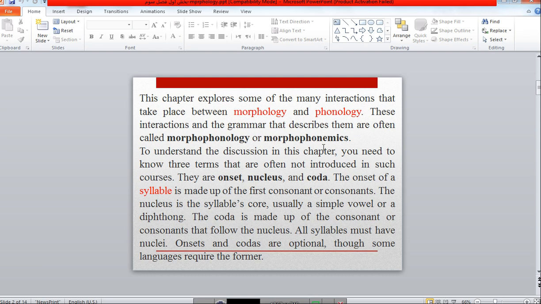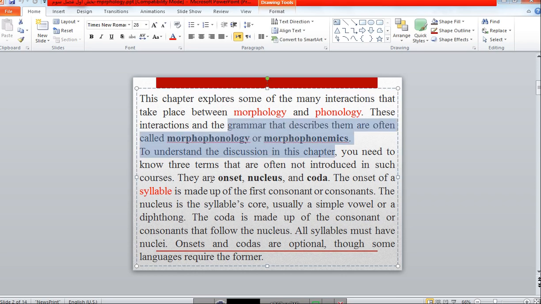Then, to understand the discussion in this chapter, you need to know three terms that are often not introduced in such courses. These are the terms you should know: onset, nucleus, and coda. The onset of a syllable is made up of the first consonant or consonants. The nucleus is a syllable's core, usually a simple vowel or a diphthong.